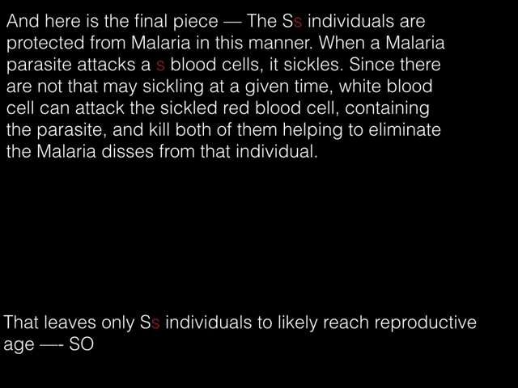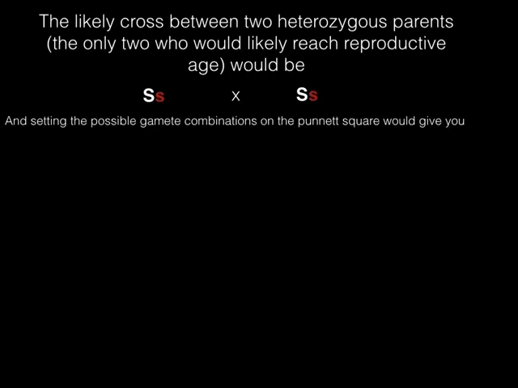So if we take a look at the crosses that leave only heterozygotes likely to reach reproductive age, the cross is between two heterozygote parents, dominant recessive times dominant recessive. We set the possible gene combinations on the Punnett square.